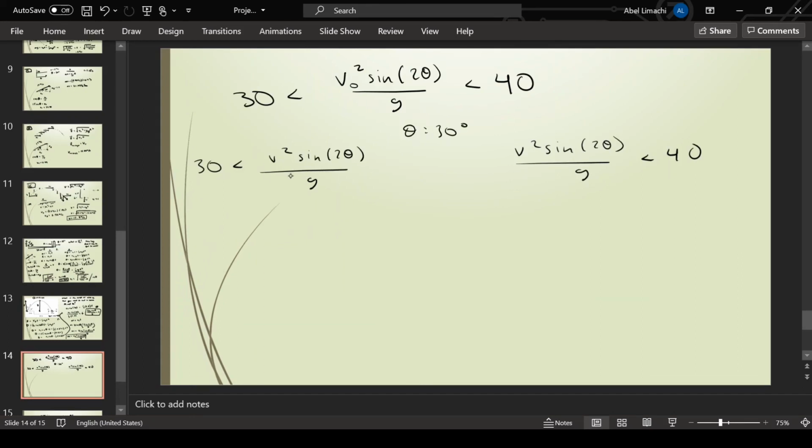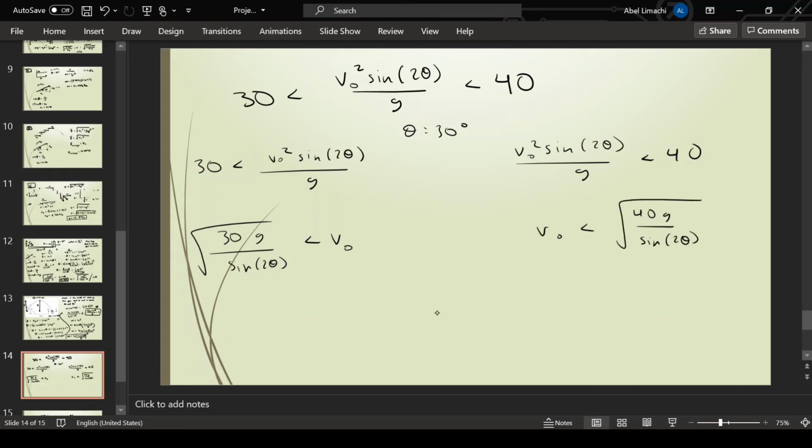And you're solving for this v initial. So you get the square root of 30g over sine 2 theta has to be less than v initial. And over here, v initial is less than the square root of 40g over sine 2 theta. So g, again, if you don't remember what g is by now, you're in my prayers.